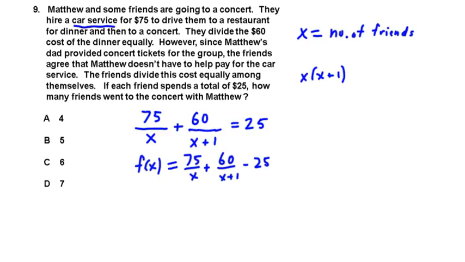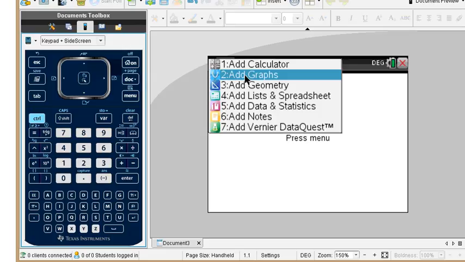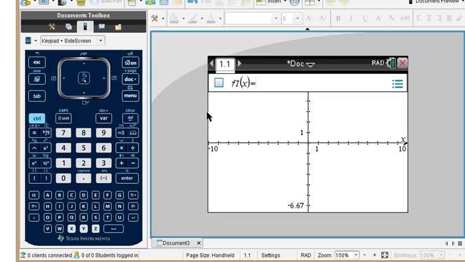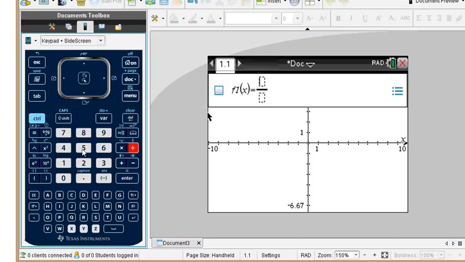So we go to our calculator and we add a graph. We enter 75 over x, representing the number of friends, plus 60 over x plus 1, the cost of dinner that Matthew and the friends share, and we're going to subtract 25.